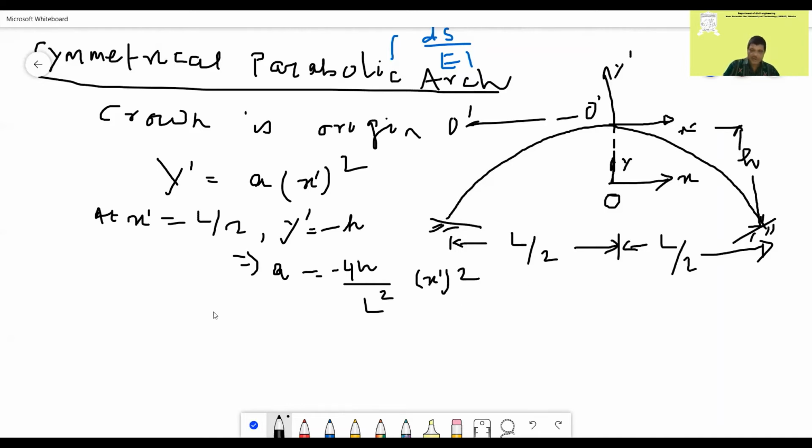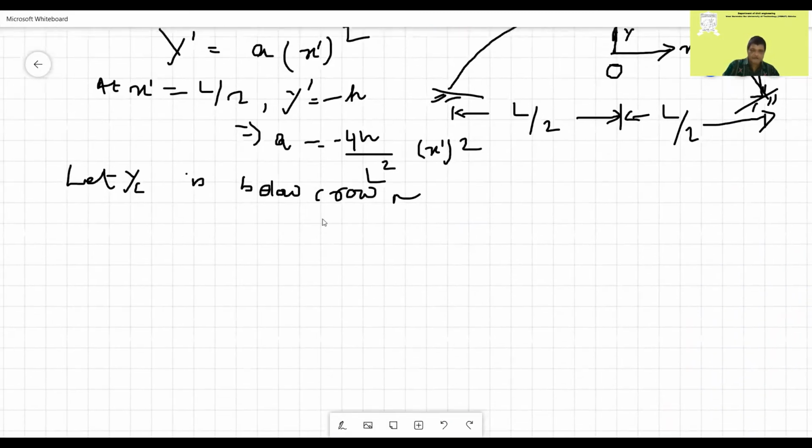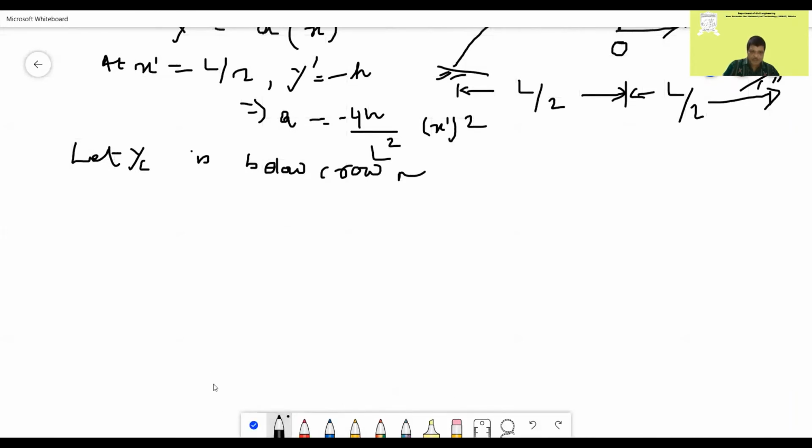Now let yc, the elastic center, be below the crown. Let us assume that yc is below the crown. If it is below the crown, now write down the equation.